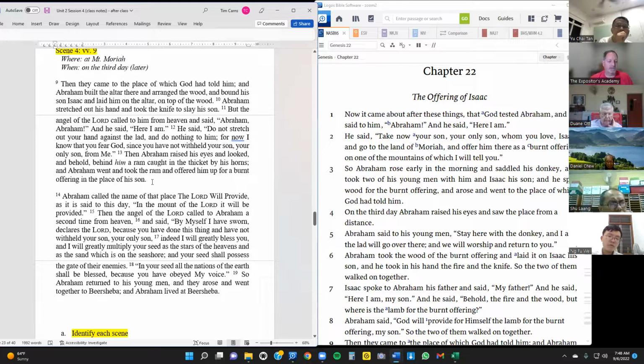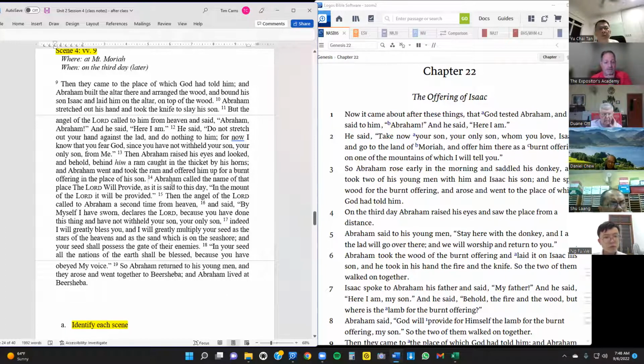So verse 14 is just after this all happened, right? They're still at Mount Moriah, and he had just offered the ram, and then Abraham called, and then the angel spoke out. So we're still at the same place, basically at the same time. You see that?